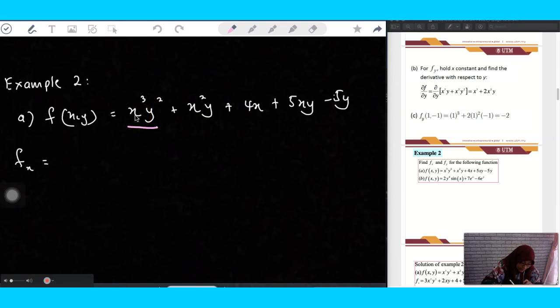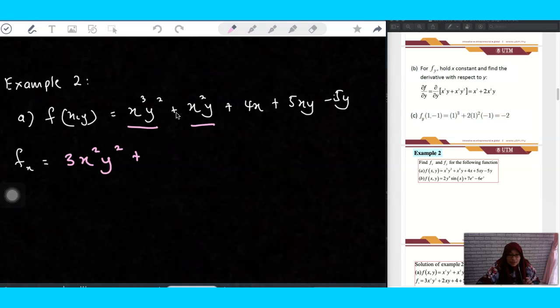So you will get 3x squared y squared. Now we move to the second term, plus. Can you see the x? Yes, so you cannot give me 0, it should be an expression. And y is constant, so we just differentiate x squared.